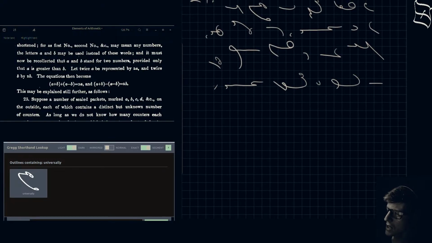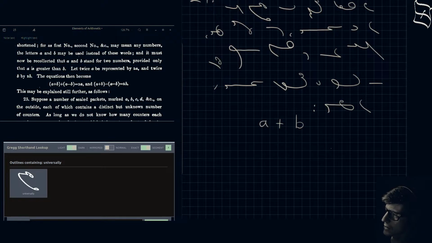And then for example, A plus B, where A and B are numbers, are considered to be numbers.